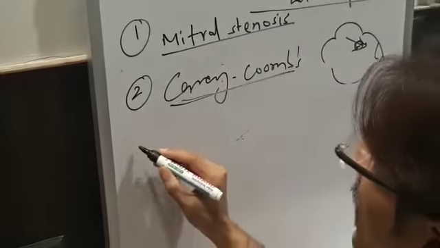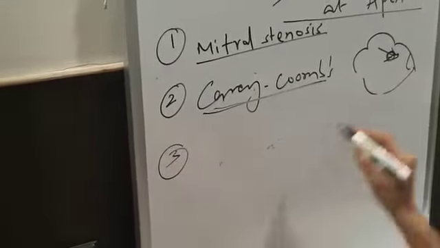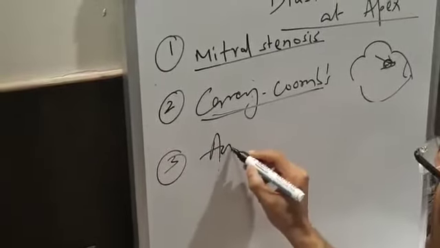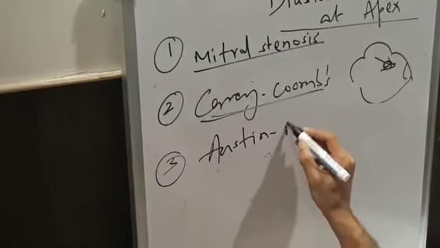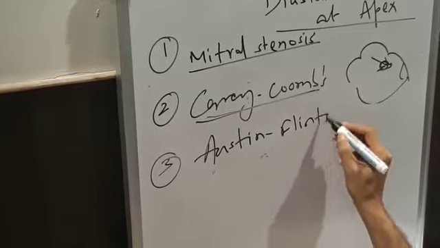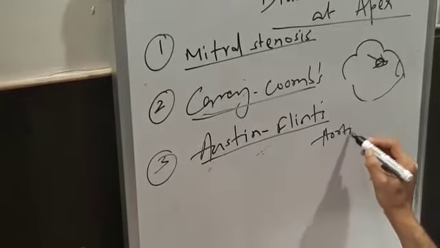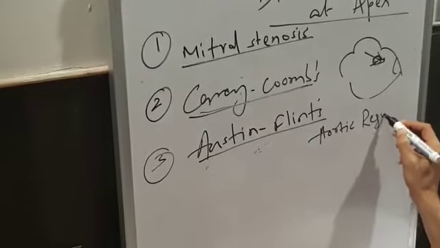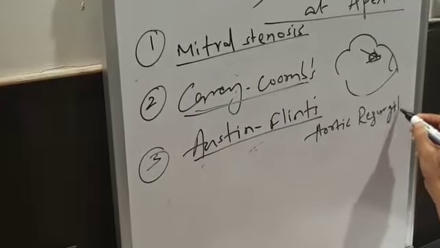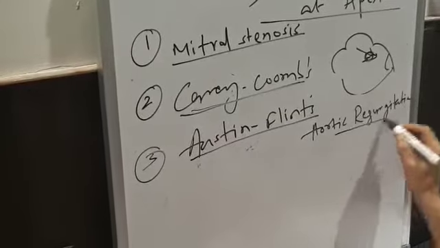Third possibility of a mid diastolic murmur at apex is known as Austin-Flint's murmur, which is seen in aortic regurgitation.